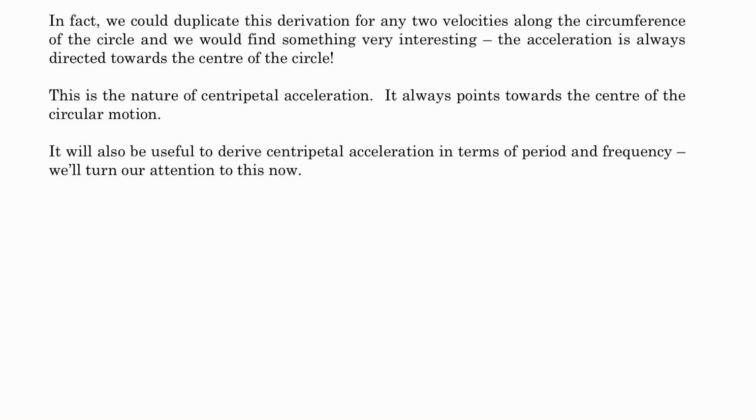So in terms of period and frequency, we can also do a quick little derivation, because sometimes it helps to know, what's the time for one rotation? And that would be the period T. And we know that the circumference of the circle is equal to 2 pi times r, which is the radius.